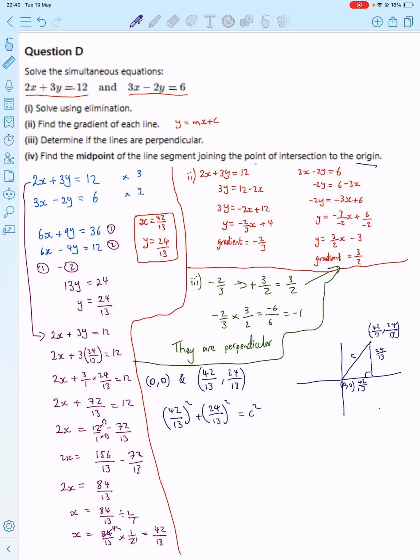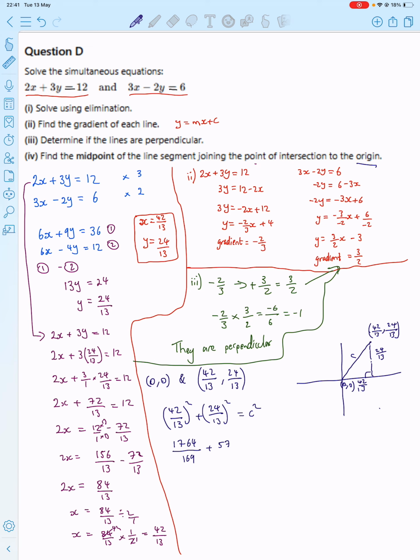Okay, so that being said, 42 squared is going to be 1,764. 13 squared is 169. 24 squared is 576.